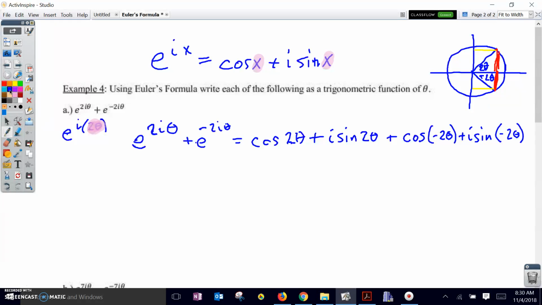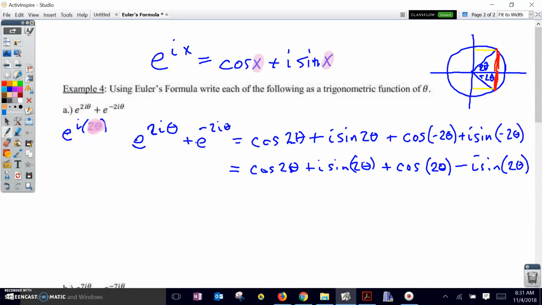And so what I can do is I can simplify this expression. I've got cosine of 2 theta plus i sine of 2 theta. But the cosine of negative 2 theta is the same as the cosine of 2 theta, so I'm going to replace that with a cosine of 2 theta. And the sine of negative 2 theta is the opposite of the sine of 2 theta, so this becomes minus i sine of 2 theta.